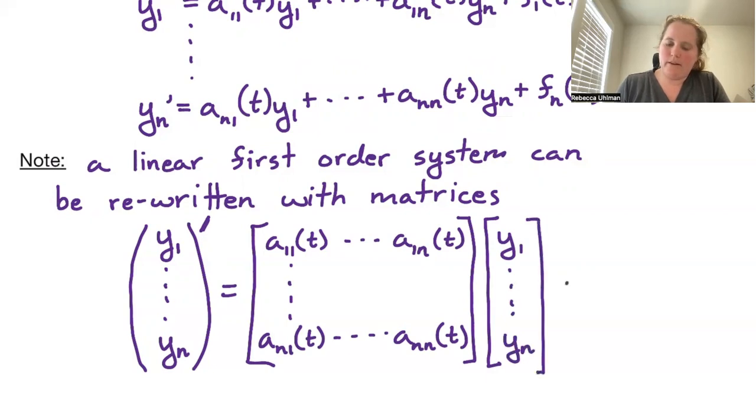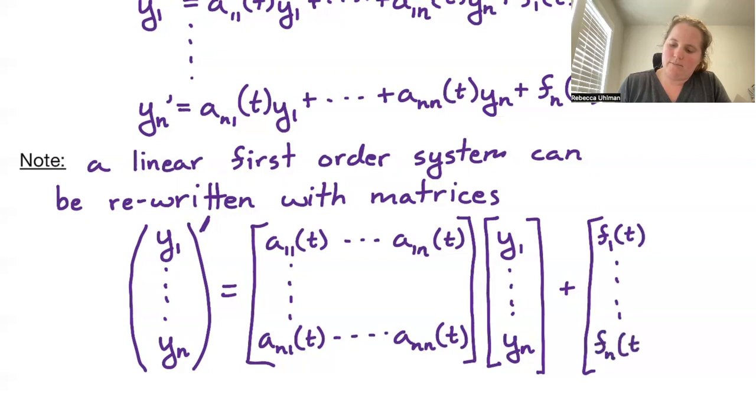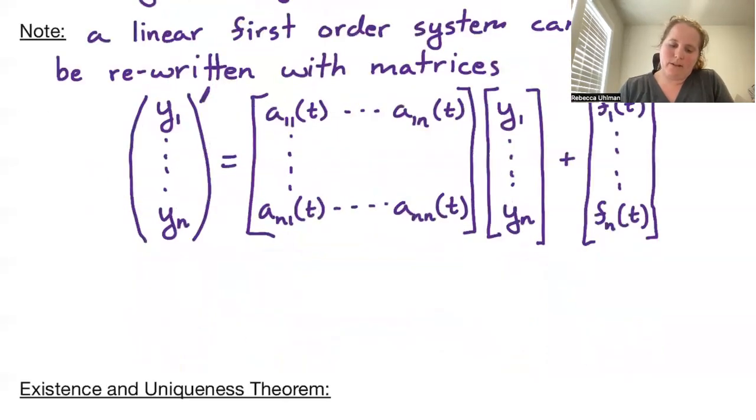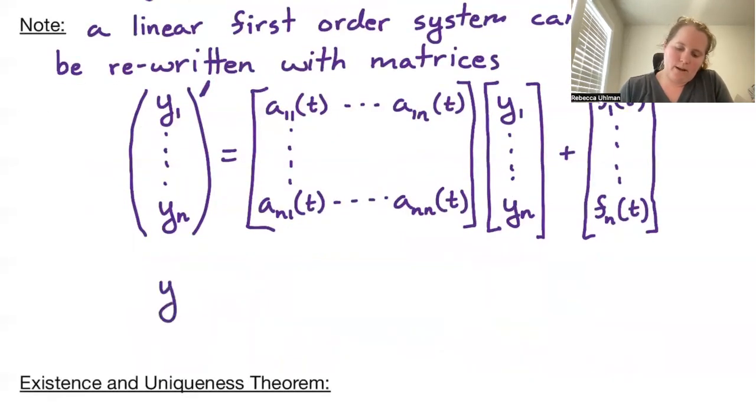And then we add on the vector f1 of t down through fn of t. So in other words, we often write this as the vector y prime is equal to the matrix A of t times the vector y plus the vector f of t.